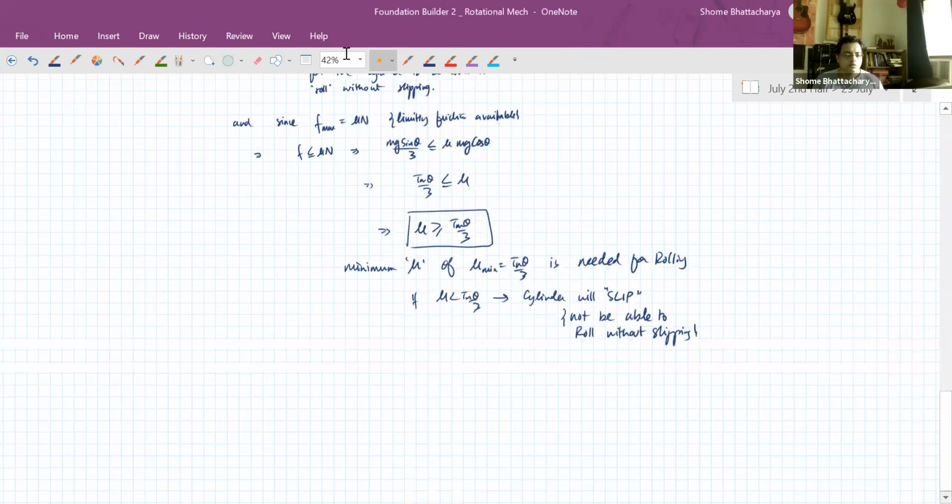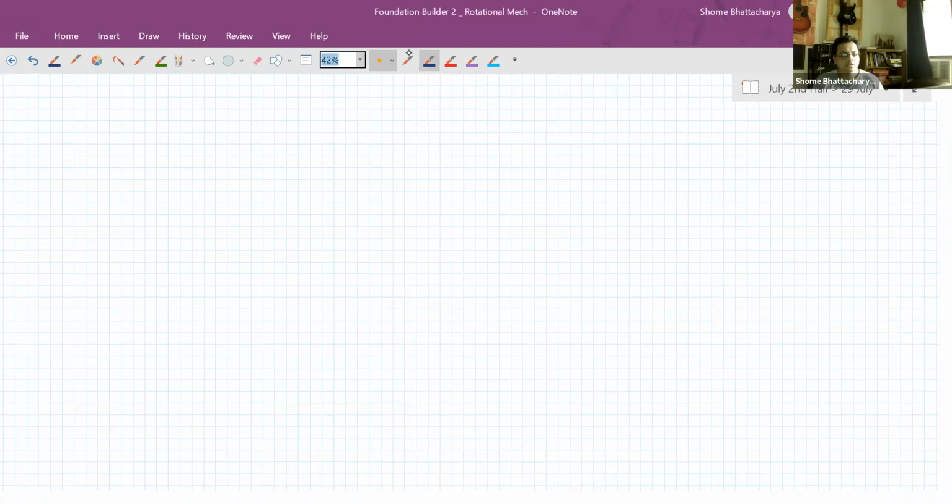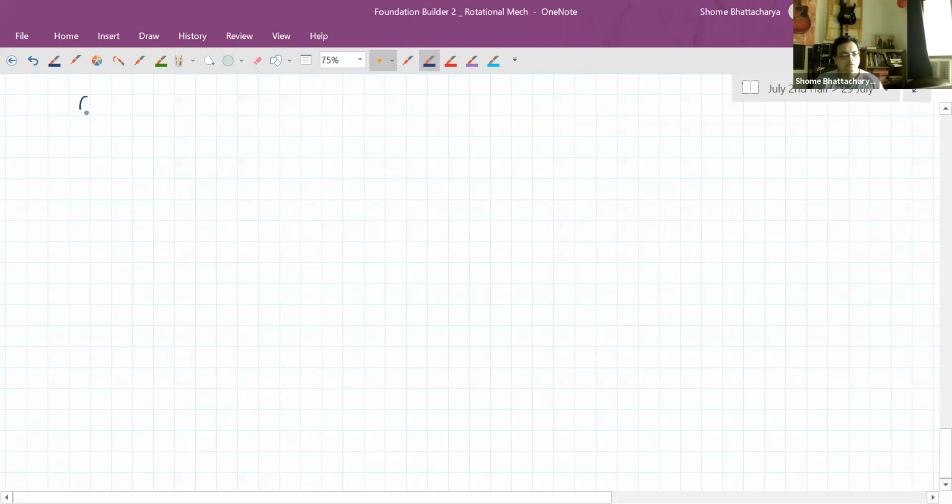Now let's understand the general case of rolling down an inclined plane.